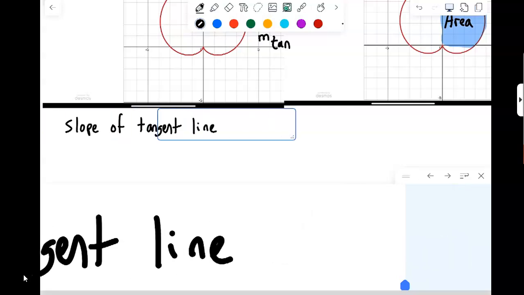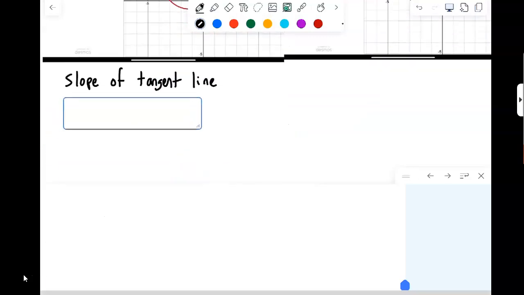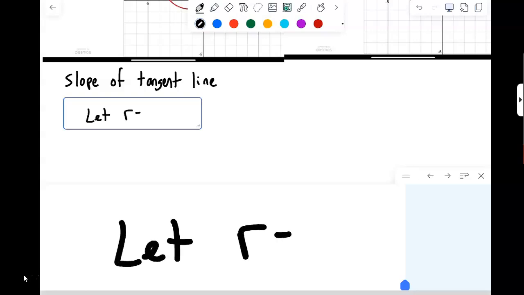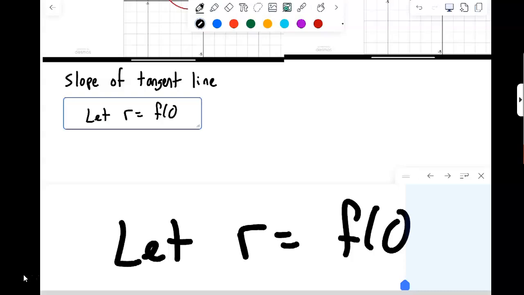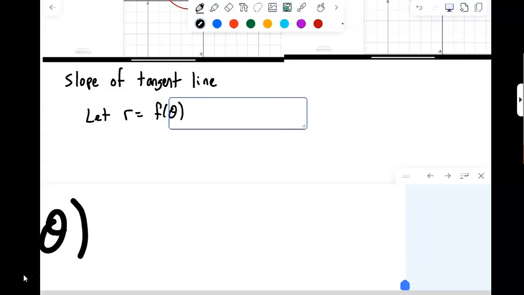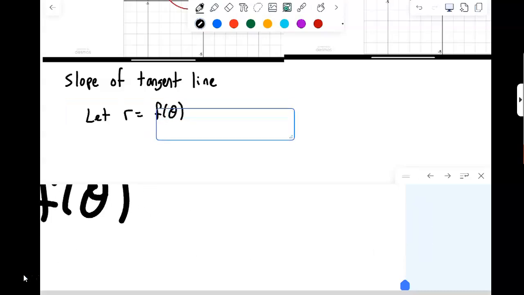The key idea here is when we're given these polar functions, we're often given them as r equals something involving theta. But to talk about slope, we need to talk about x and y.